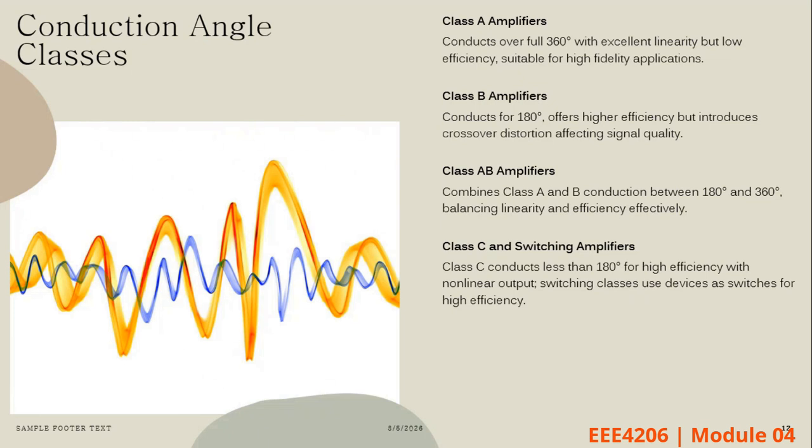Okay, so it offers high efficiency, but it introduces what you call crossover distortion, and this affects signal quality, especially at zero crossing points. So it offers improved efficiency, but introduces distortion at the switching point. Yeah, so you can see.